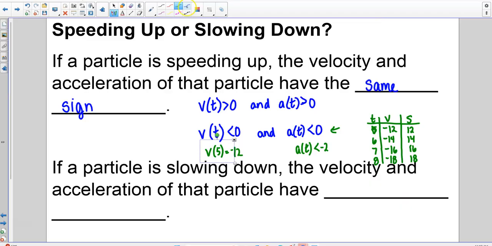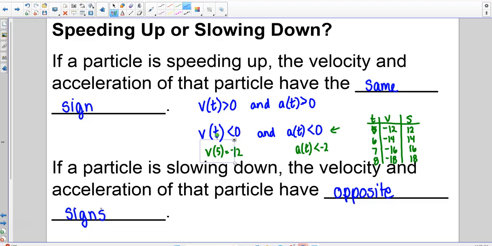So you are slowing down if your velocity and acceleration have opposite signs. We already made a table for one of those scenarios where we had a negative velocity but a positive acceleration.